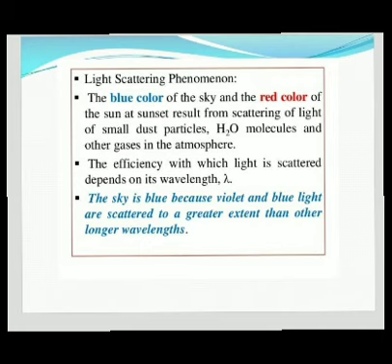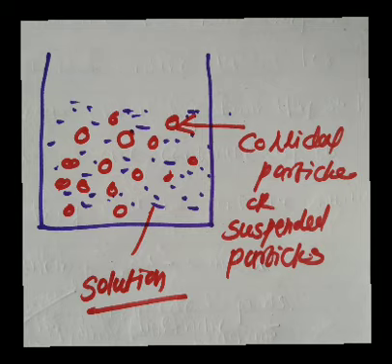When the sun's rays come onto these particles, they are reflected or scattered, so we see the blue sky. So in nephelometry, we measure the diluted concentration of colloidal or suspended particles.